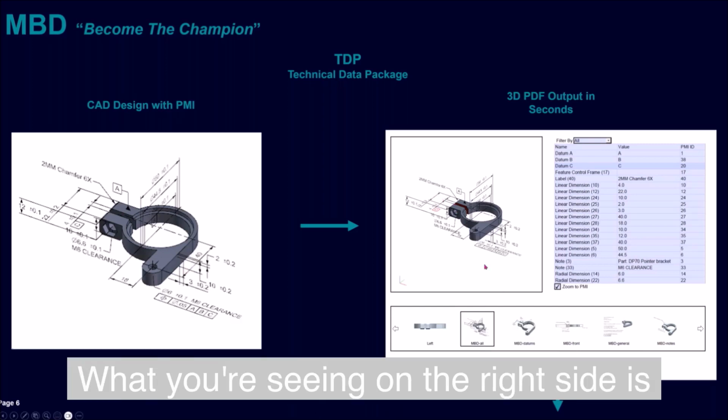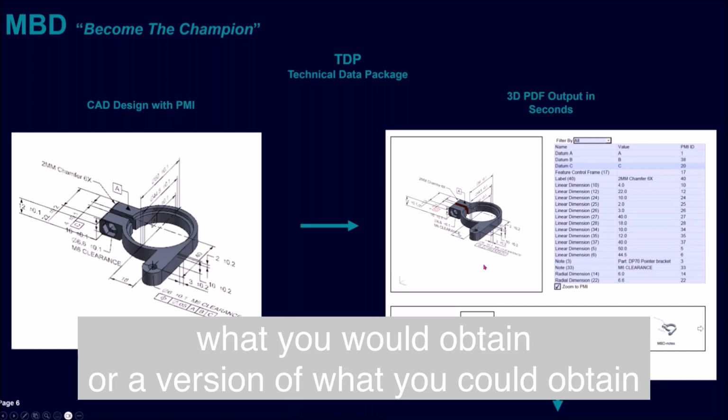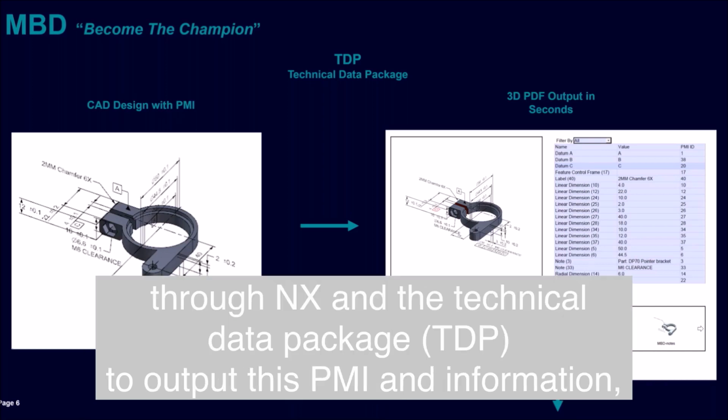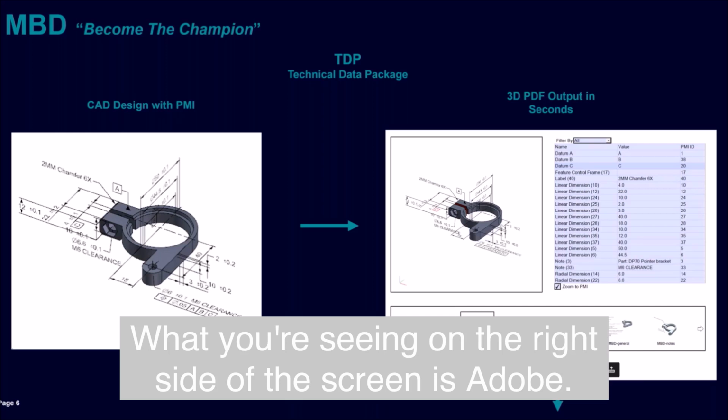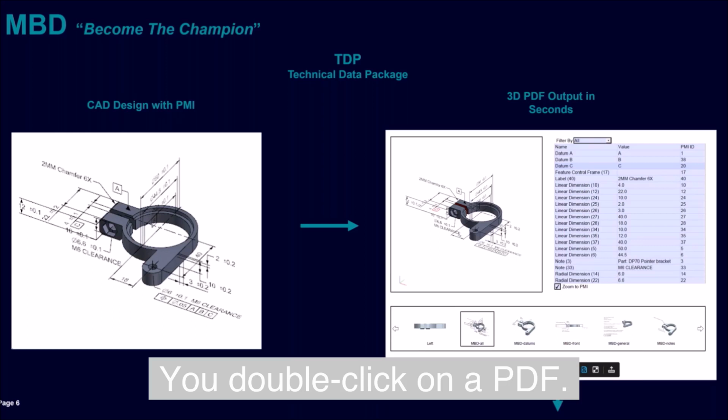What you're seeing on the right side is what you would obtain, or a version of what you could obtain, through NX and the technical data package to output this PMI and information, whether it be to internal customers, external suppliers, or whatever. What you're seeing on the right side of the screen is Adobe. You double click on a PDF.